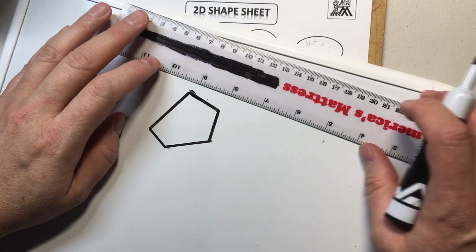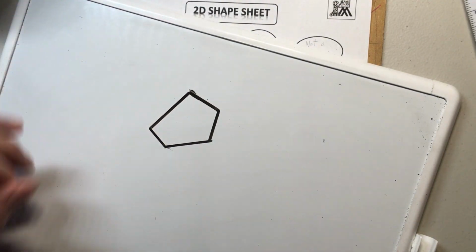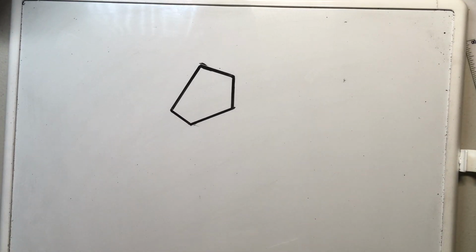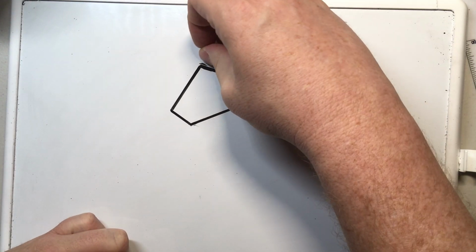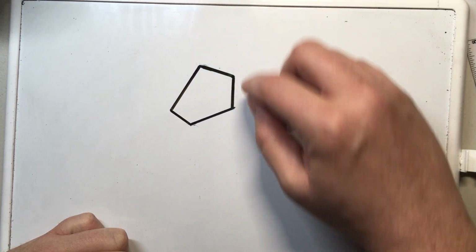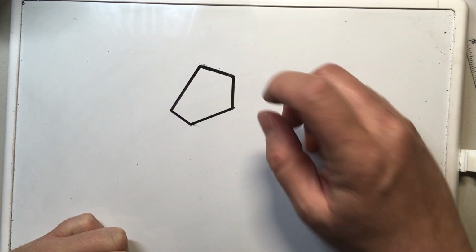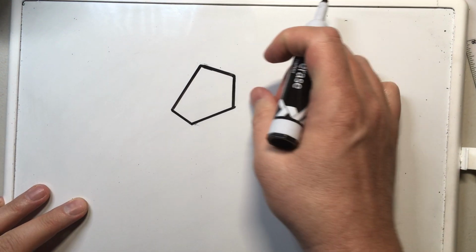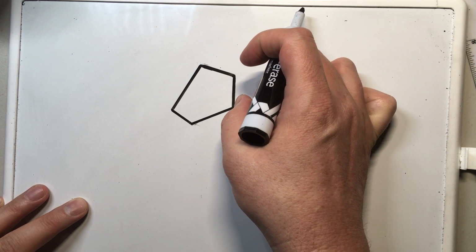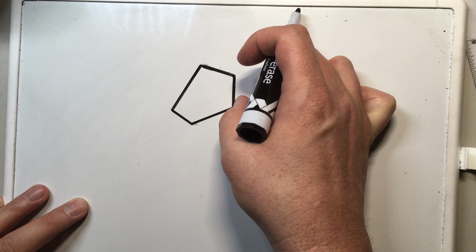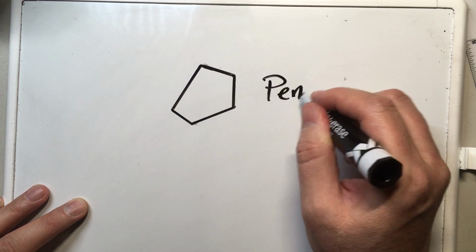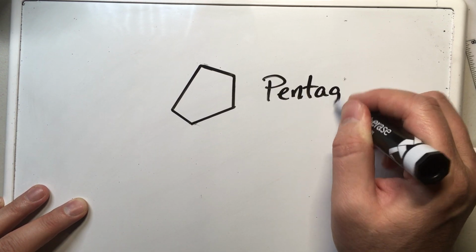You just saw me making some stuff up there, but what I did is I just made 5 sides. This is still a pentagon. I want to get rid of that overlap. Don't like that.